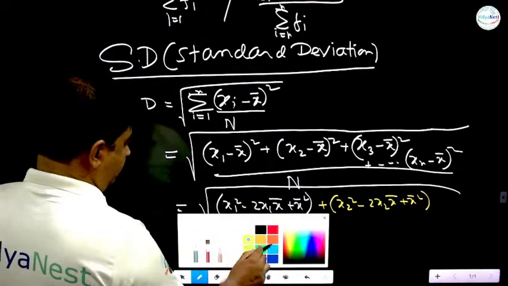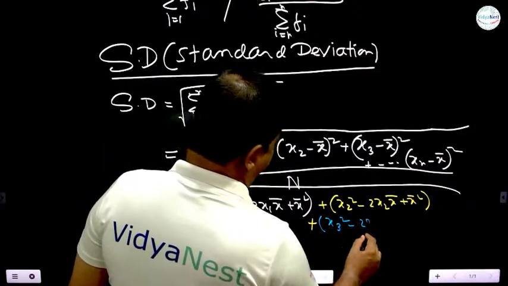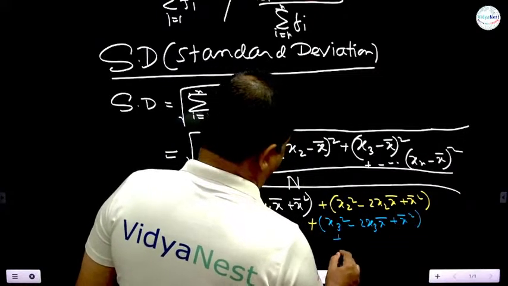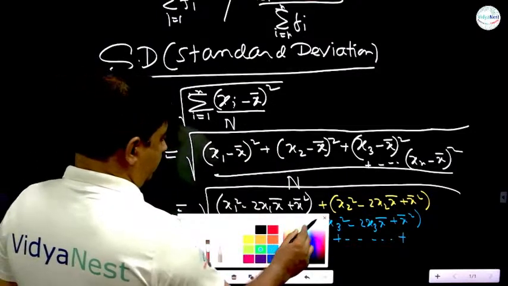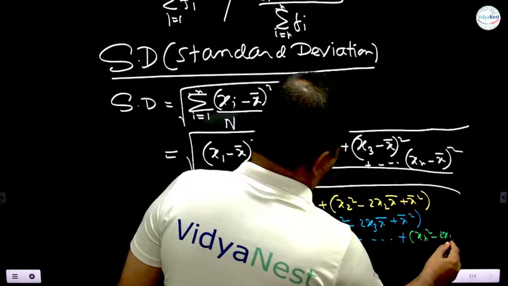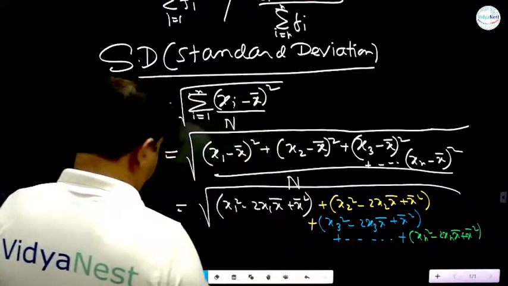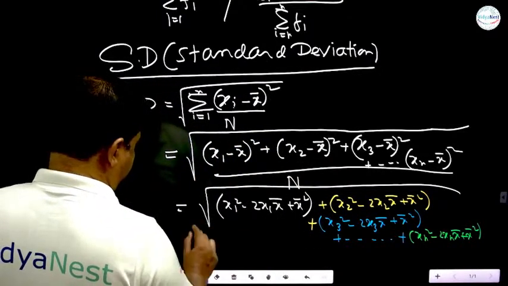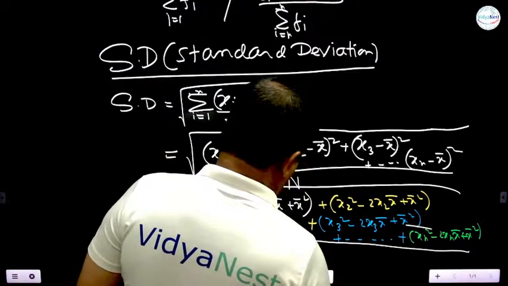Then in this way, last term xn square, by n.